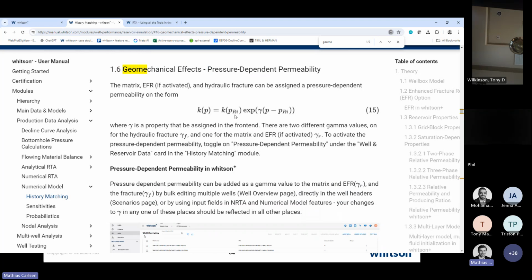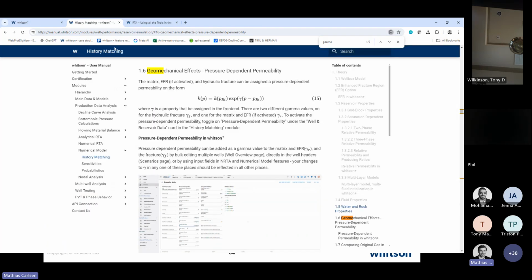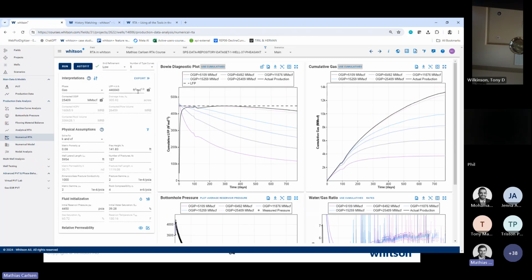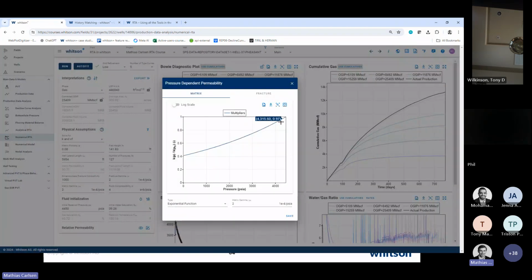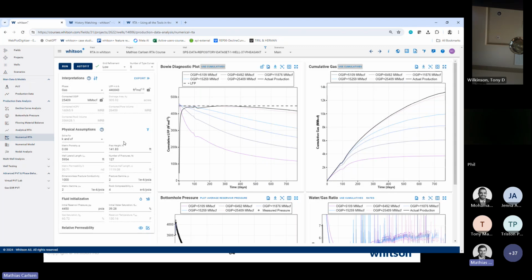The most common way of modeling this is to use this equation right here. I can't remember exactly what his name is, the guy with this equation, but if you plot it, it looks something like this when you have a gamma of 2. You can actually set a different one in the matrix and the fracture. I'm using 2 for no particular reason; it seems to be the default with a lot of clients I'm working with in Marcellus, and this is a Marcellus well, I think.